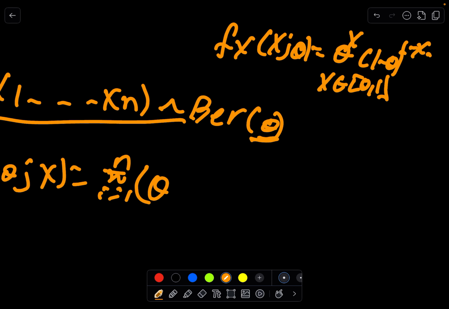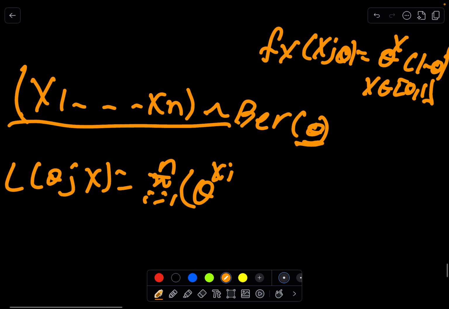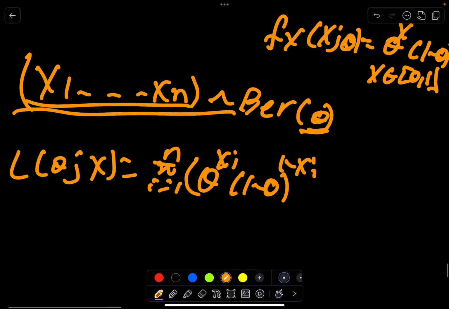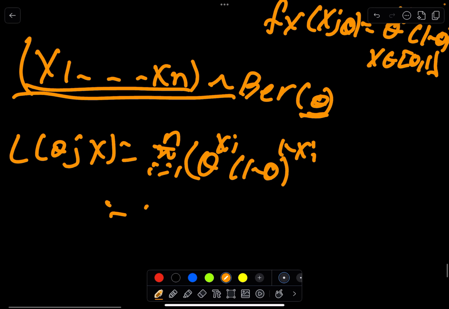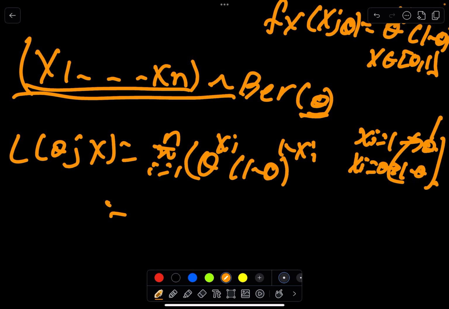So this will be theta to the x_i, because we're getting realizations of the random variable, times 1 minus theta to the 1 minus x_i. If x_i is 1, the probability is theta. If x_i is 0, you get 1 minus theta. So when you multiply a bunch of these, it's just the counts of theta times the counts of 1 minus theta.